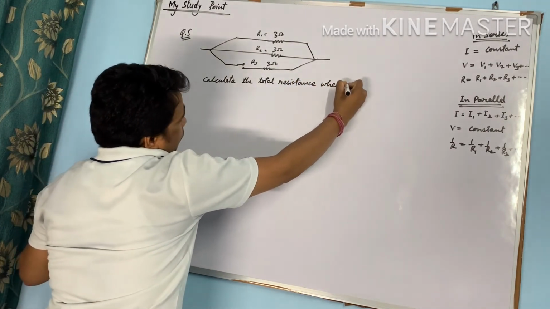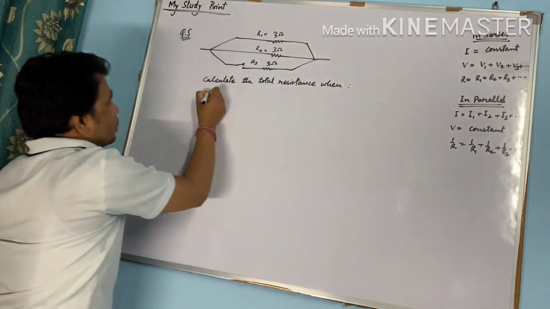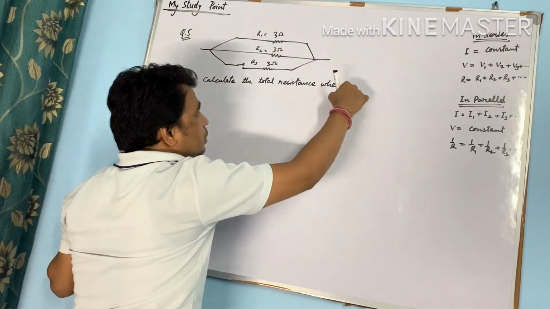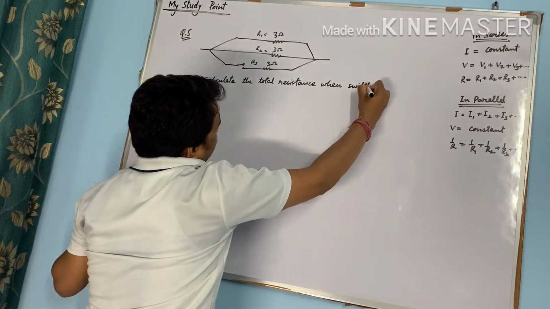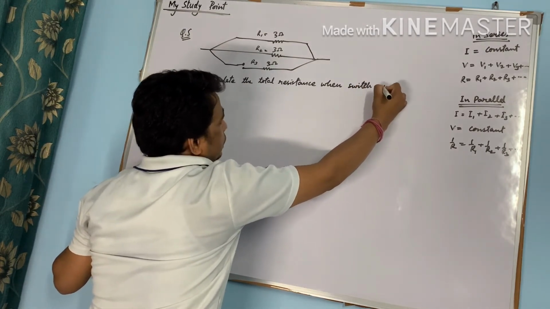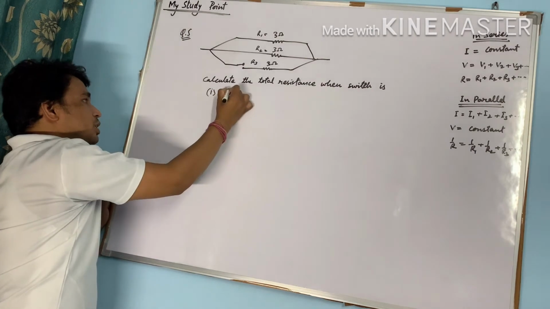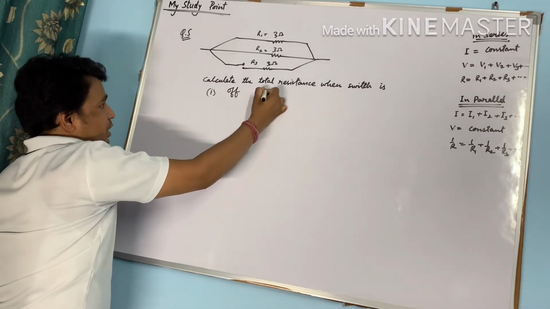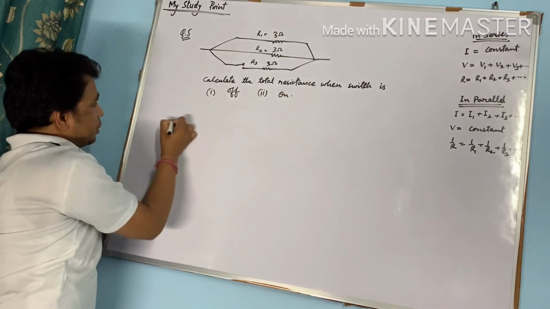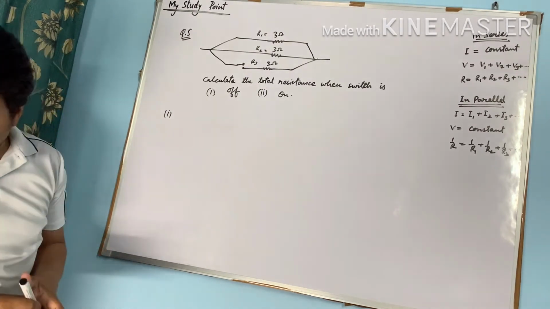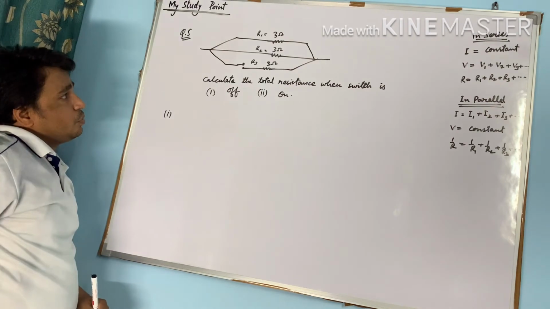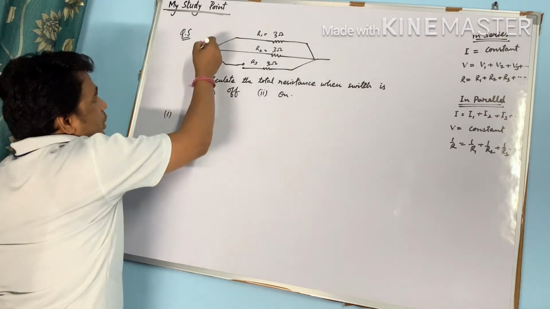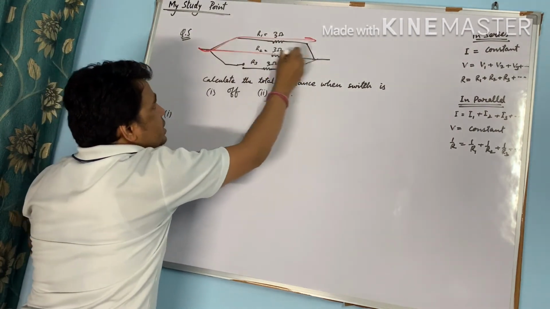When the switch is off, first part is off and second part is on. For the first part, when the switch is off, current will flow through the first and second one only.